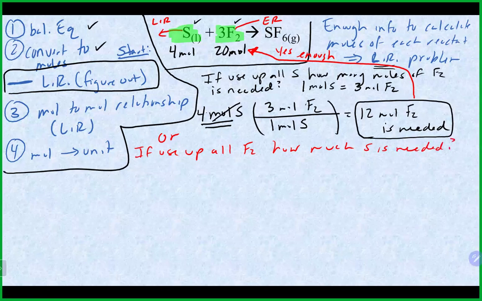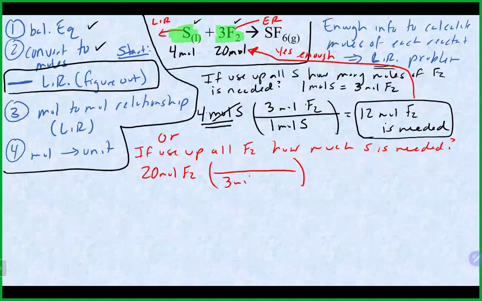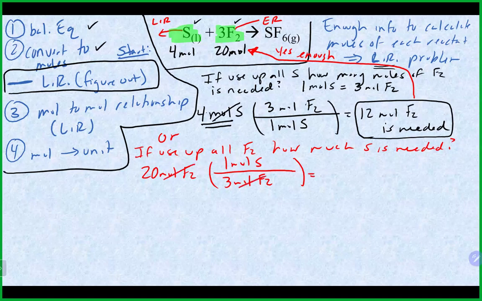So you could have done the reverse calculation, and in that case, we would start with our moles of fluorine, which is 20. We would use our same relationship but reversed. So 3 moles of fluorine on the bottom, 1 mole of sulfur on top. Our moles of fluorine would cancel, and we would take 20 divided by 3 gets you 6.667 moles of sulfur is needed.